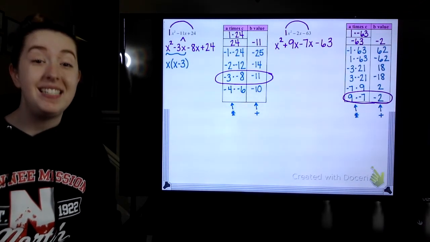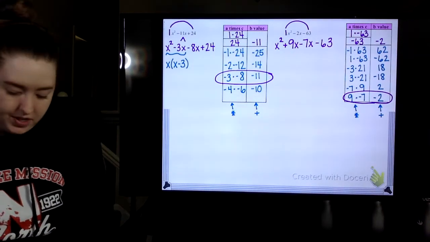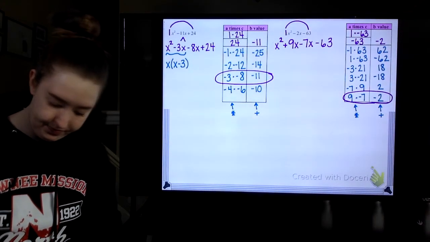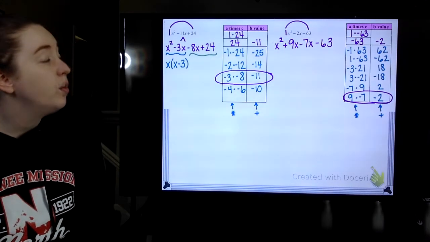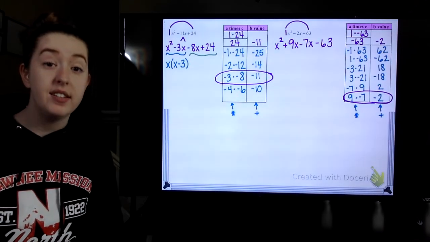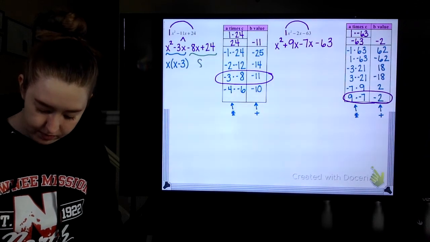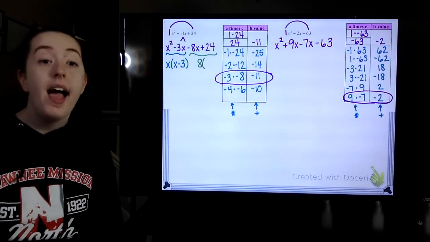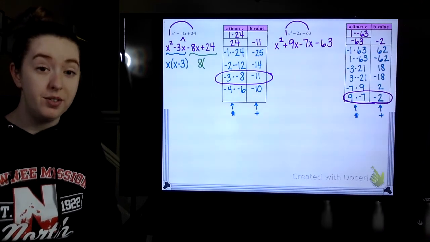I'm then going to do the same thing to the second two terms. What do 8x and 24 have in common? Their greatest common factor is 8. However, if you remember, we needed to multiply by the same binomial, right?